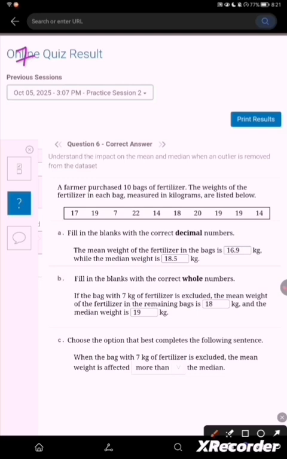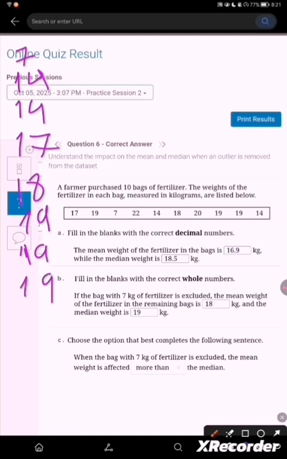So 7, and then there are 2 14s: 7, 14, 14, and then the next value is 17, and then 18 and 3 19s, 19 and 19, and then 20 and 22. I'll just count them in case: 1, 2, 3, 4, 5, 6, 7, 8, 9, and 10, okay?